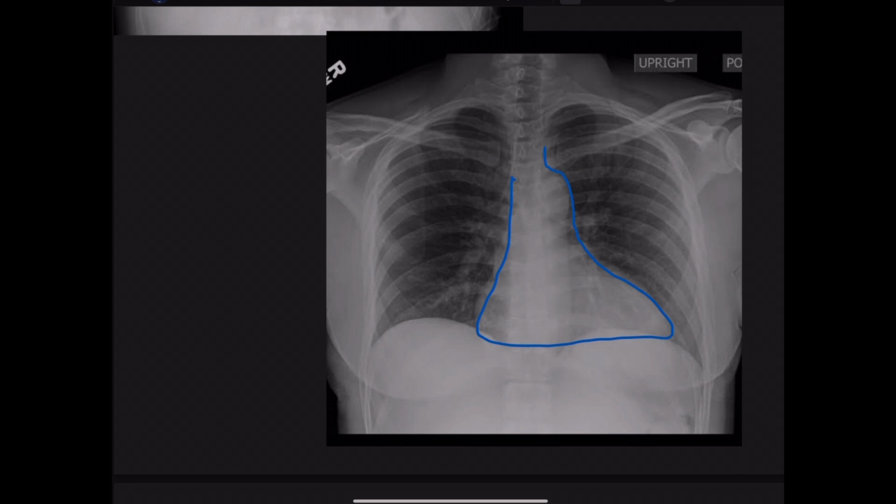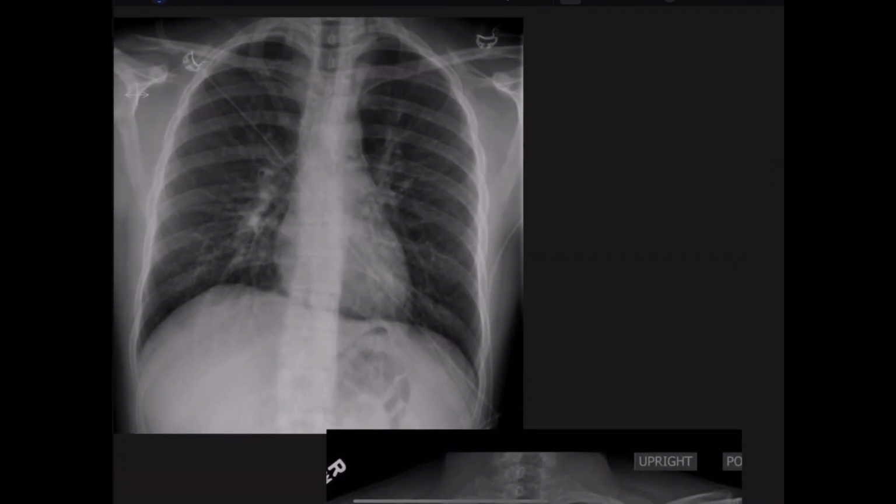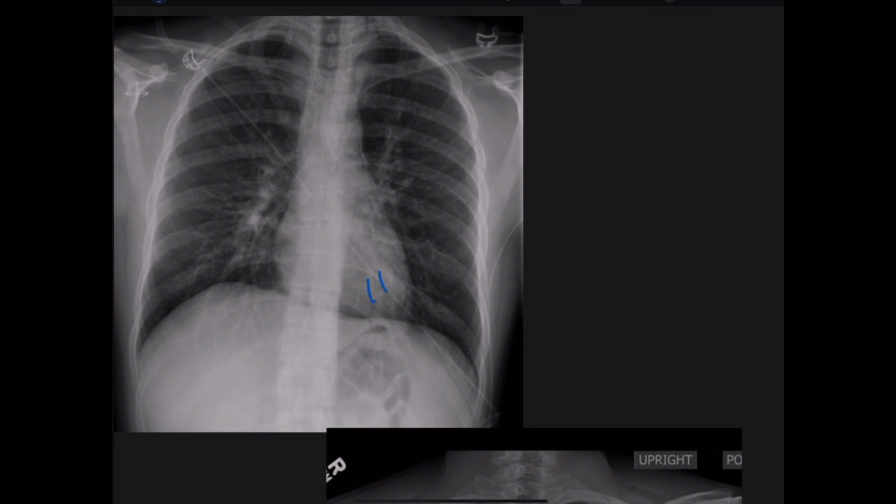There is no lucency. But if you see this X-ray of pneumomediastinum, we can clearly see these streaky lucencies here. These streaky lucencies are marking the blood vessels here.